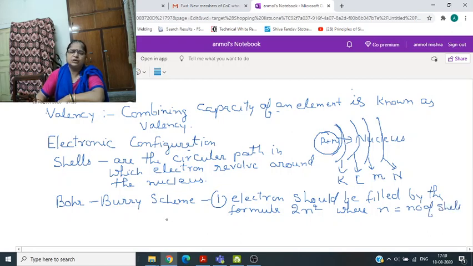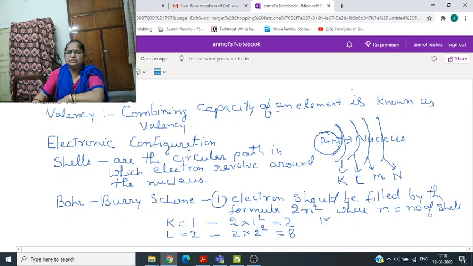So now K shell, that is first shell, so it will be 2 into 1 square, so it is equal to 2. L shell, it is numbered as 2, so it will be 2 into 2 square, so it will be 8.